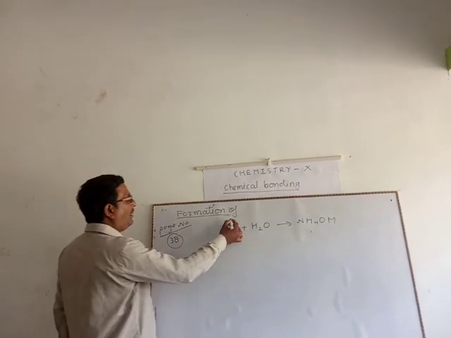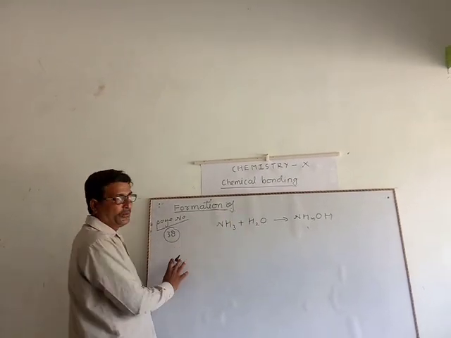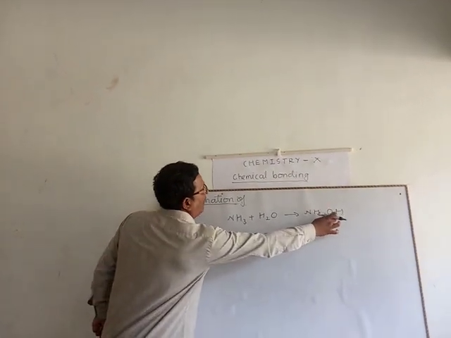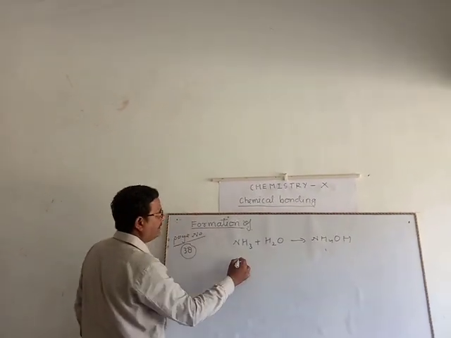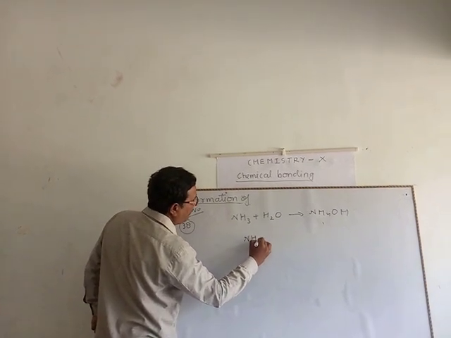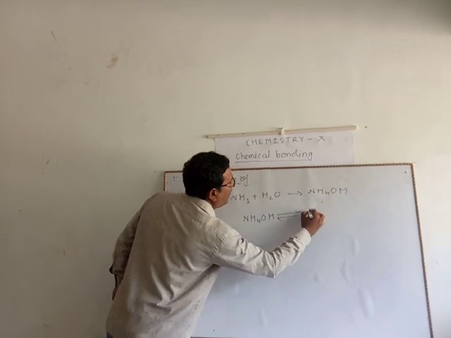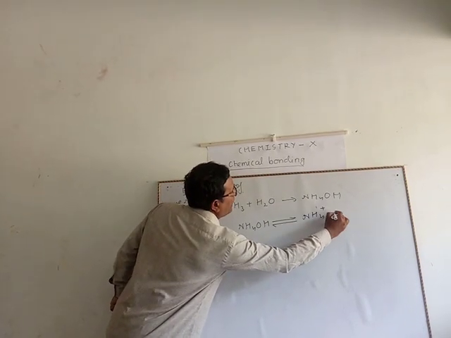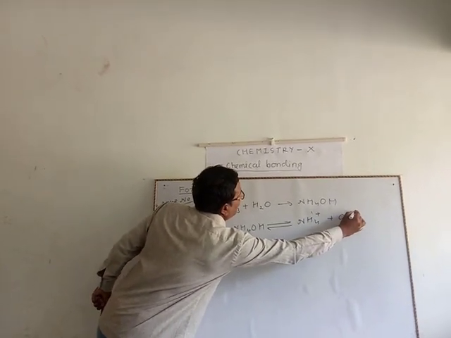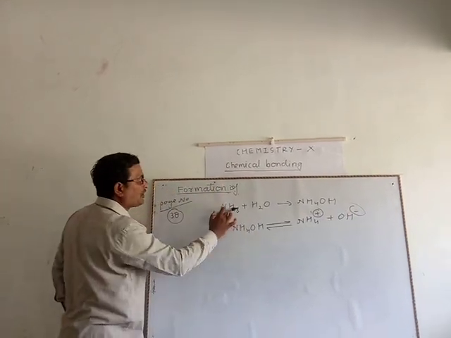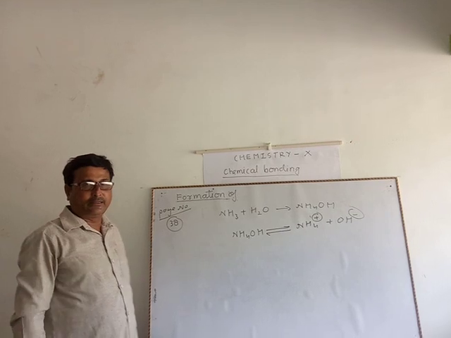We know that ammonia is a covalent compound. When ammonia is dissolved in water, it forms ammonium hydroxide. When ammonium hydroxide ionizes, it gives ammonium ion and OH ion. Due to the presence of these ions, the ammonia solution is a weak electrolyte.